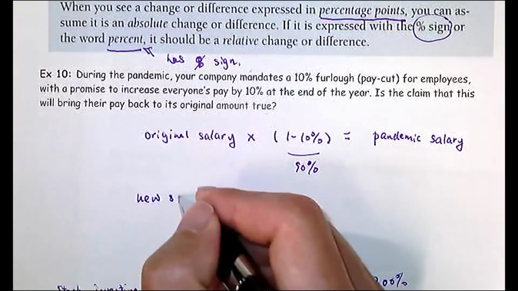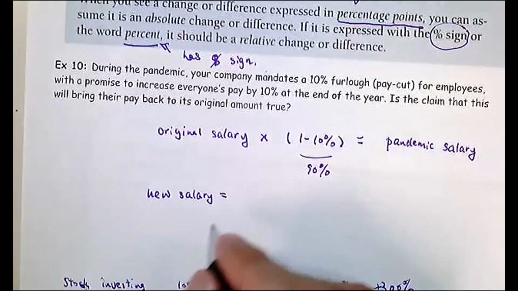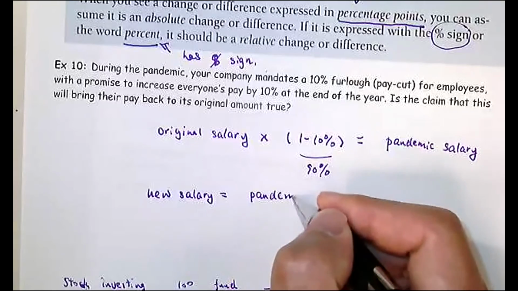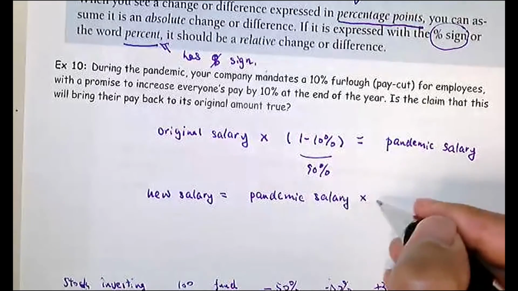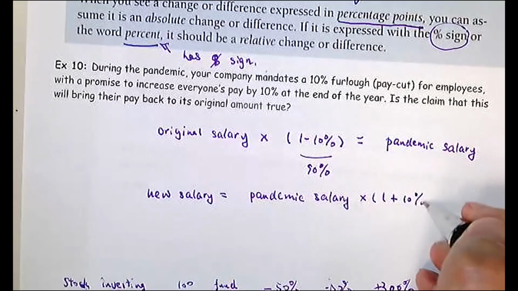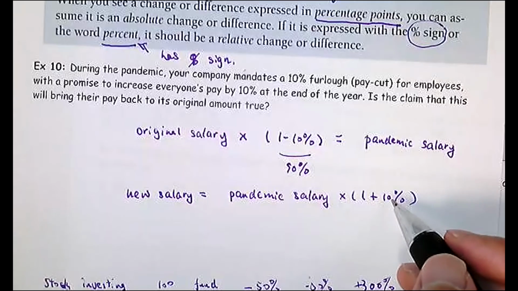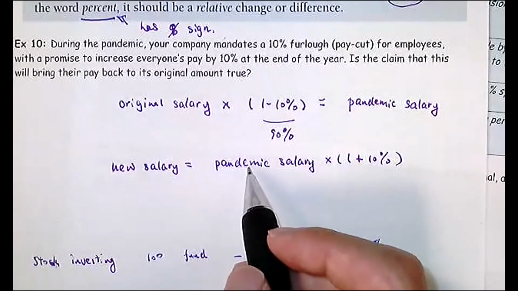let's say you have a new salary. New salary equals pandemic salary times 1 plus 10%, since you are increasing 10%. So this is your new salary.